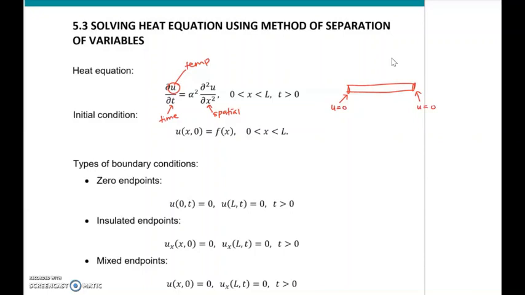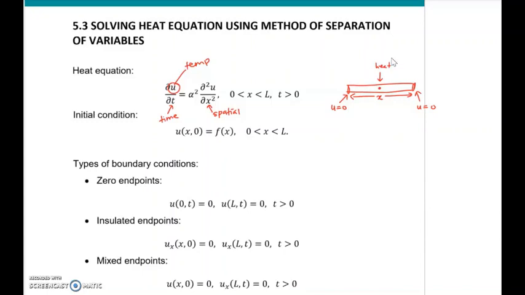This is the spatial coordinate, meaning the x coordinate. If we put heat somewhere here at the initial time, suppose somewhere here is the highest temperature value.